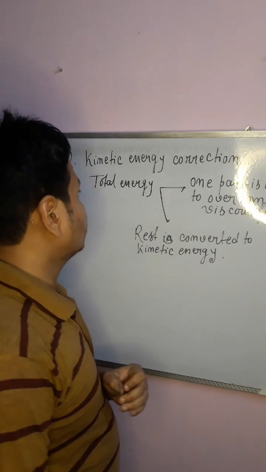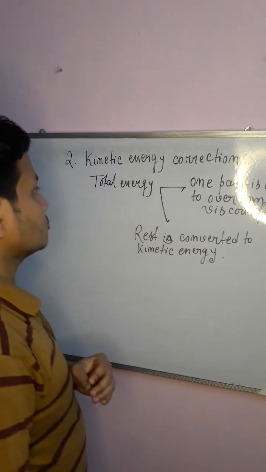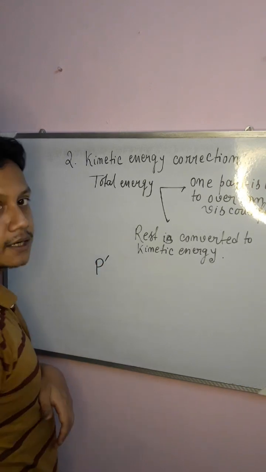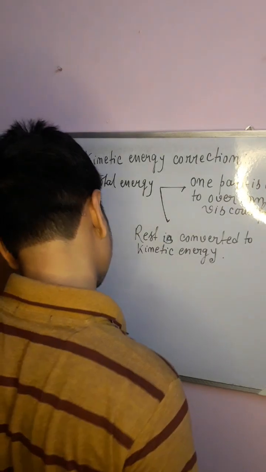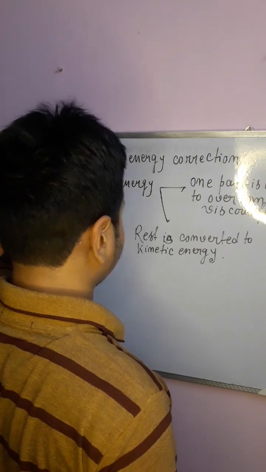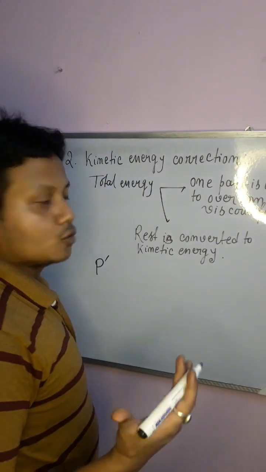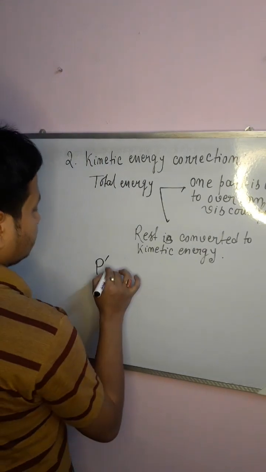Now suppose P dash be the effective pressure that overcomes the viscous force. So what would be the energy required to overcome the viscosity?